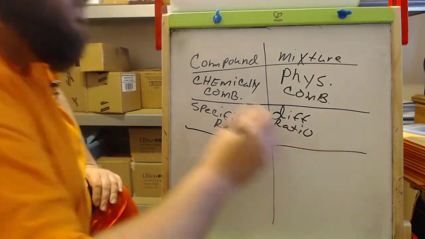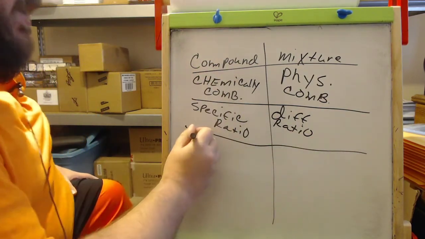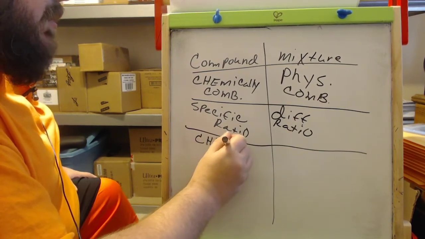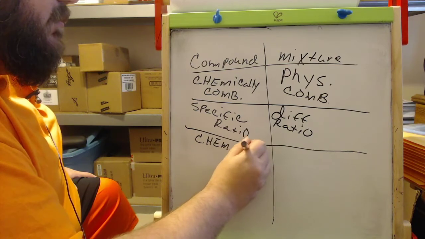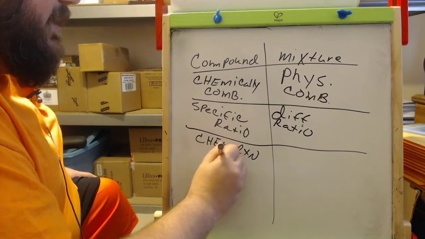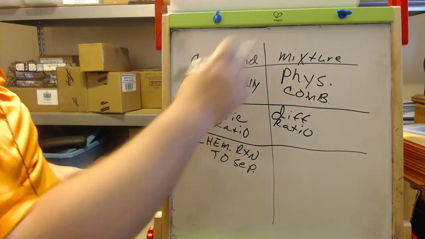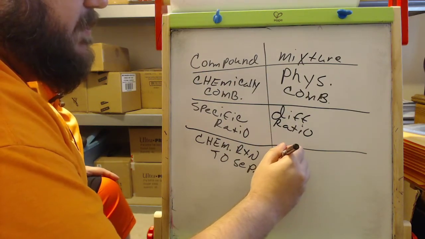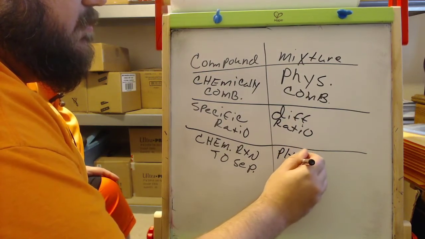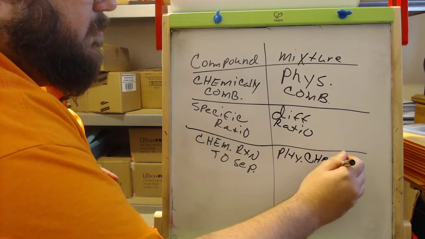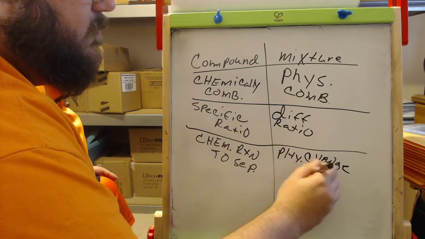Since I'm chemically combined, a compound needs a chemical reaction to separate it. Mixture, I could do a physical change to separate it.